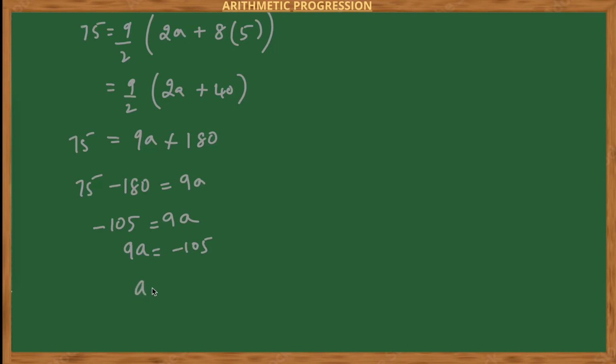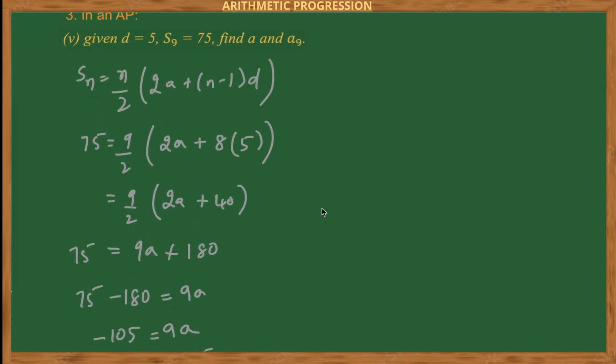Let's bring it: a is equal to minus 105 divided by 9. It goes in 3 3s are 9, 3 5s are 15. Further it can't go, so a is equal to minus 35 divided by 3. So we got the value of a.